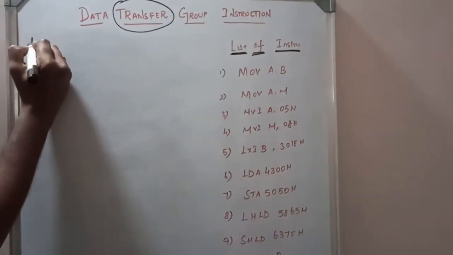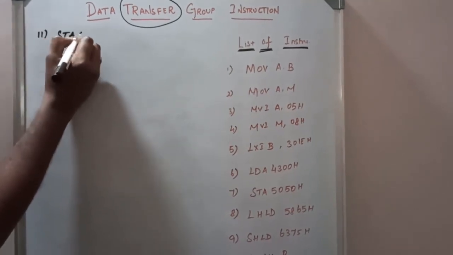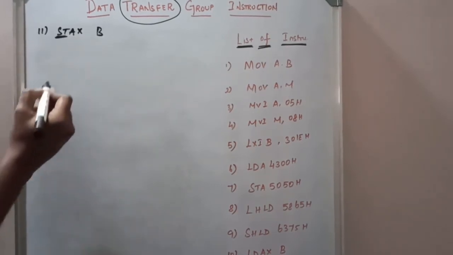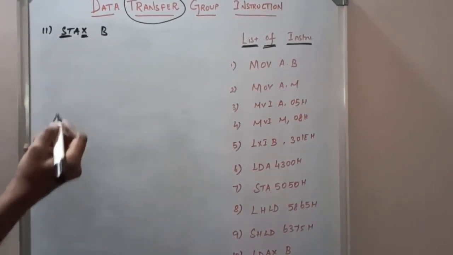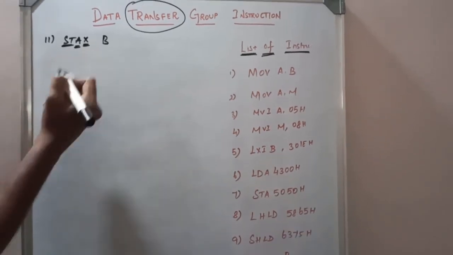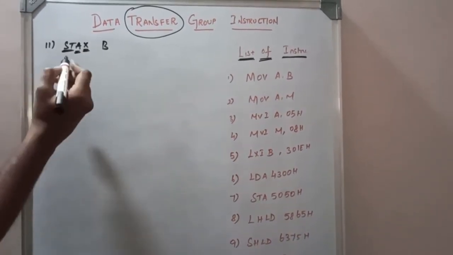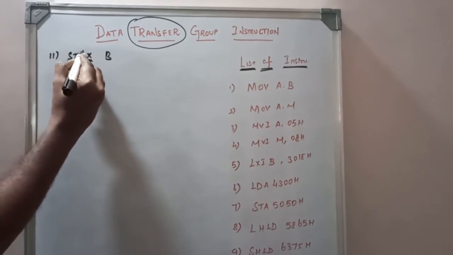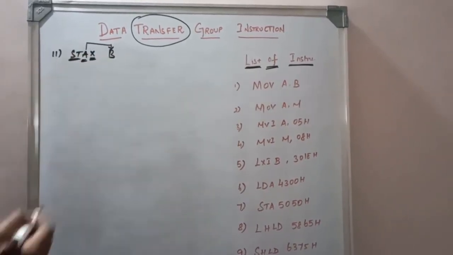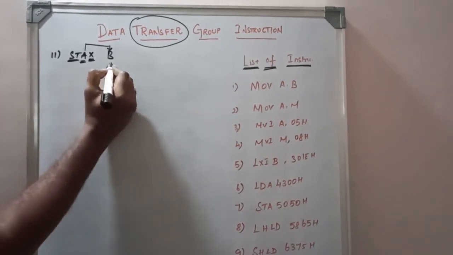Next one, 11, STAX B. It is a store instruction. ST is for store, X represents that a 16-bit value is loaded to the source pair, and A is the accumulator. In this instruction, whatever value is present in the accumulator is moved to the location held by the BC pair. The B register is considered as the BC pair.